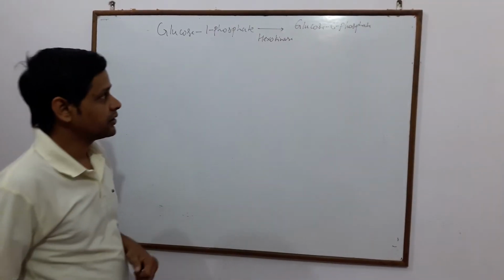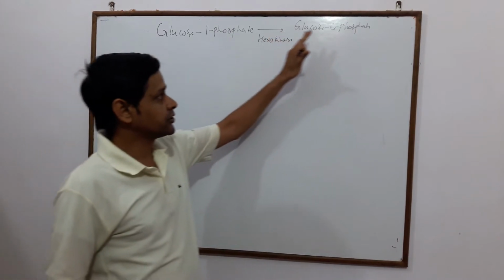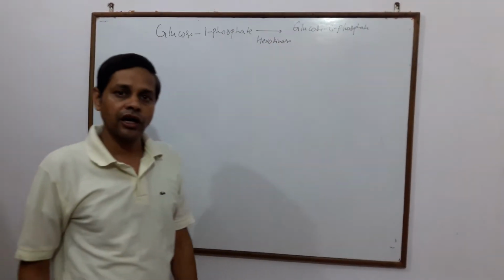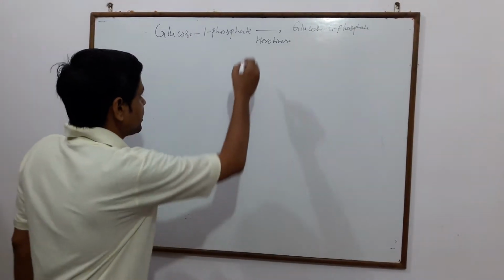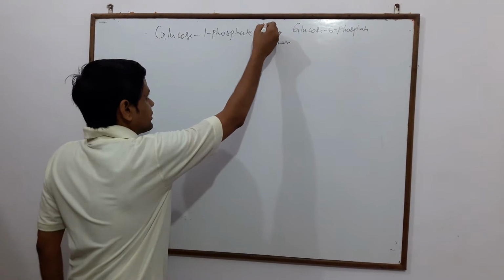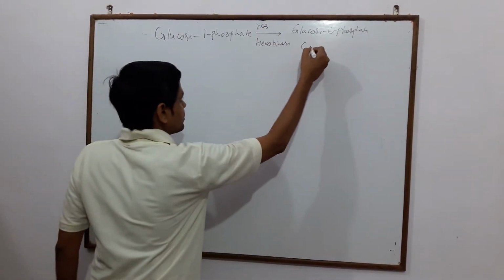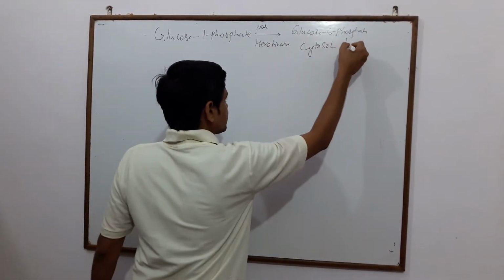This conversion of glucose 1-phosphate to glucose 6-phosphate occurs in the hepatocyte cytosol. So this is the cytosol of hepatocyte cells.